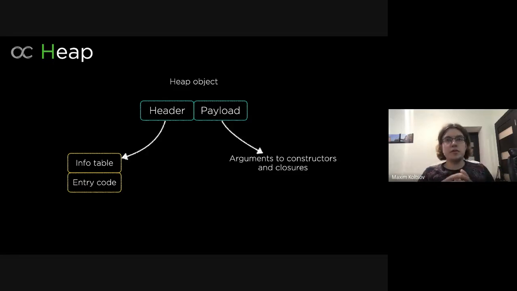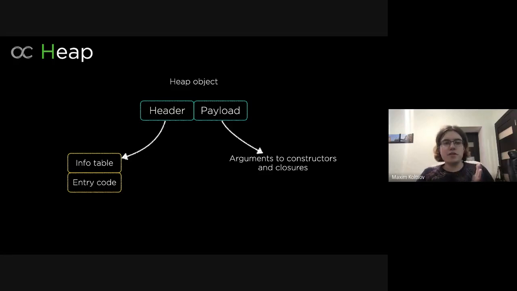And payload is specific for each type of object, and it usually contains arguments to constructors and values captured by closures. So references to other heap objects that are needed to run the code.